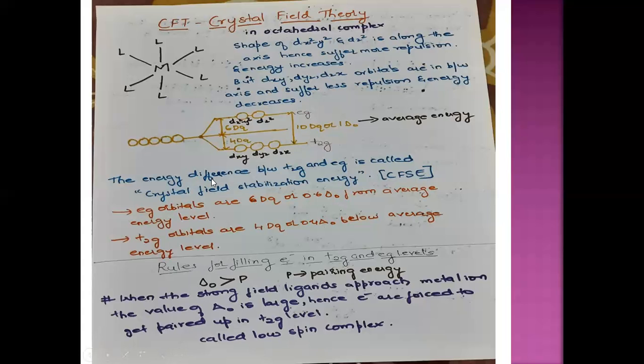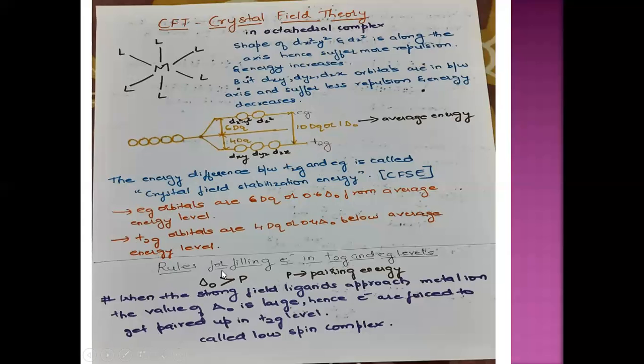First, the electrons are completely filled in the T2g level, and then only it moves to the Eg level. Completely filling means what? Not only singly filling; in each of dxy, dyz and dzx, two electrons should be filled. Then only you can move to the filling of Eg orbitals. That is, first you have to completely fill the T2g orbitals, then you can fill Eg orbitals. Why?